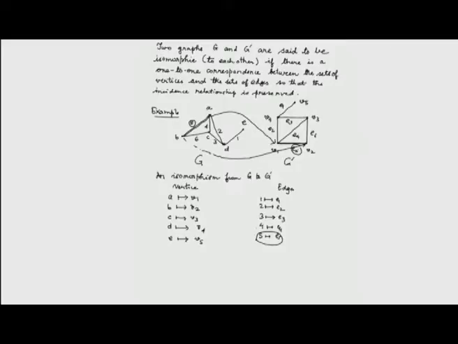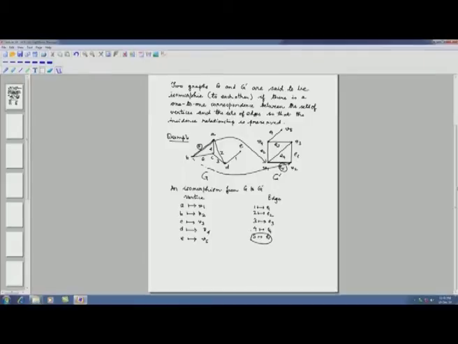That means, according to this map, A is going to V1, B is going to V2, and the edge AB that is labeled by 5 in the graph G, is getting mapped to the edge E5, which is the edge between V1 and V2. And this should happen with each vertex and each edge. If it happens, then we say that we have an isomorphism.